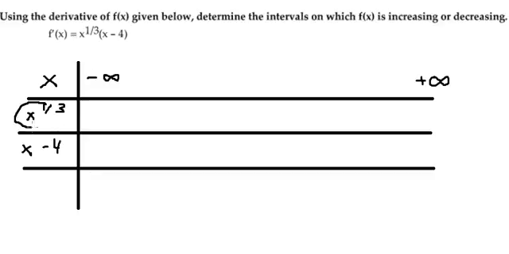The solution of this one, when it equals 0, is x equals 0. x minus 4 equals 0, so you get x equals 4. So this is the solution of this one, and 4 is the solution of this one.